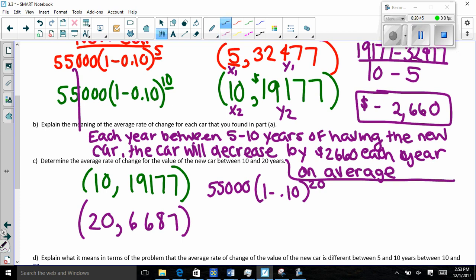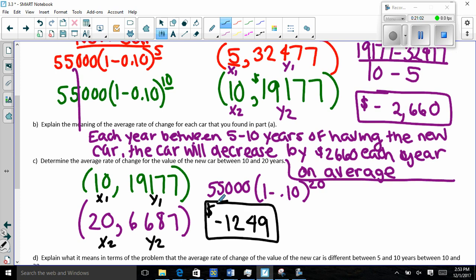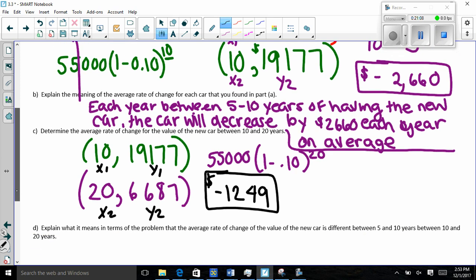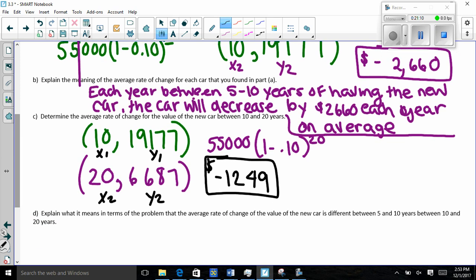Then of course I need to find the slope again, so x1, y1, x2, y2, and I plug it in. And when I plug it in the slope formula, I end up getting negative 1,249, which means each year from the 10 to 20 year, it's increased by $1,349. So to explain the difference, you can see in the purple, right?